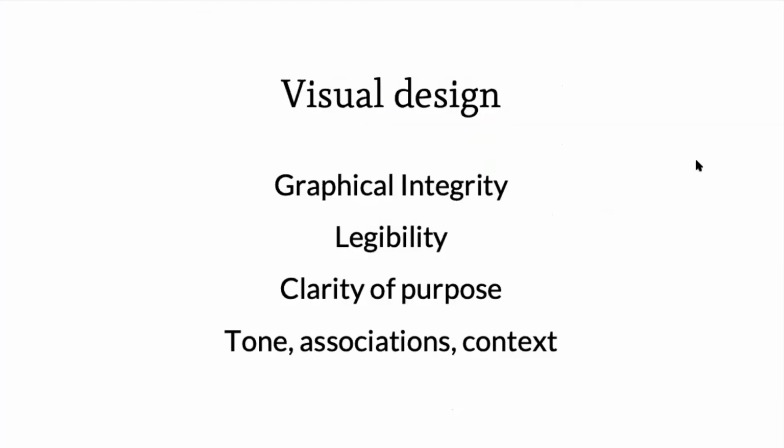So when we're thinking about the visual design of our visualization, there are several different aspects of the visual design that we might want to consider. These include graphical integrity, the legibility of our graphic, clarity of purpose, and also the tone, associations, and context in our design. And I'm going to step through what I mean by these different things.